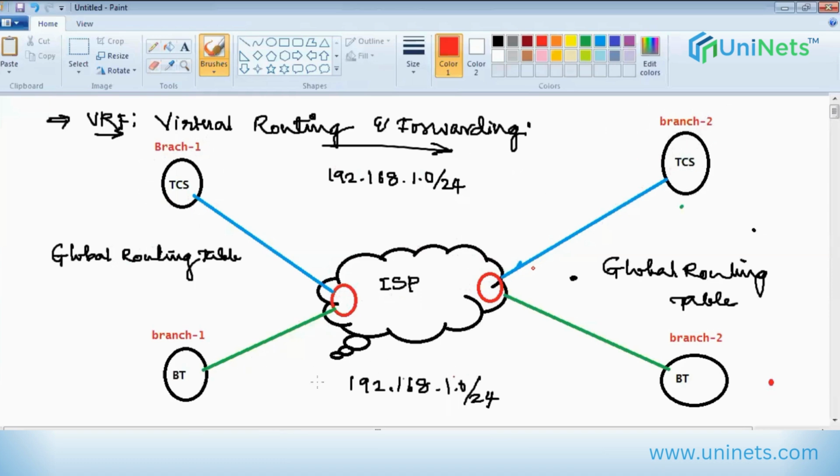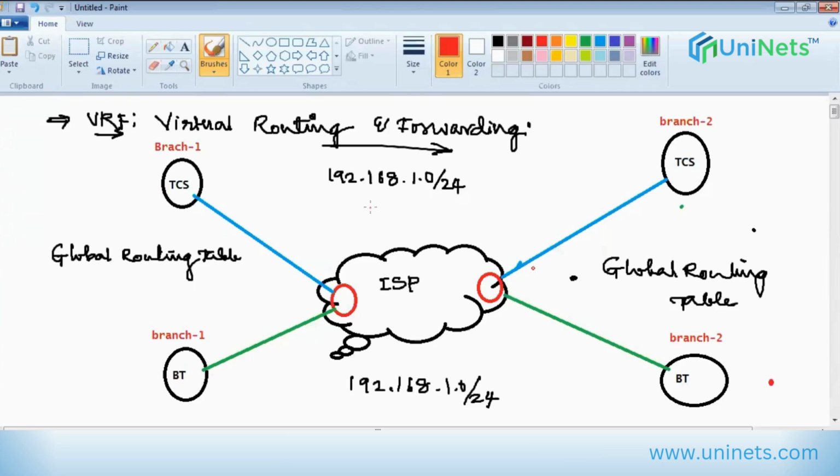Both are using the same network. Somehow they are using the same network, and I want to differentiate them throughout me. I have to make sure that their data is not getting into another company. So in order to do that, what do we do?